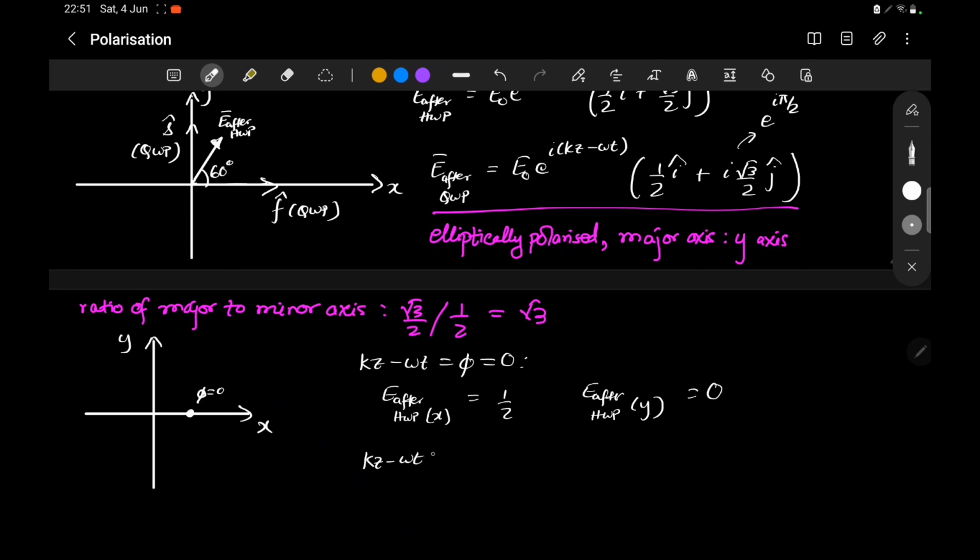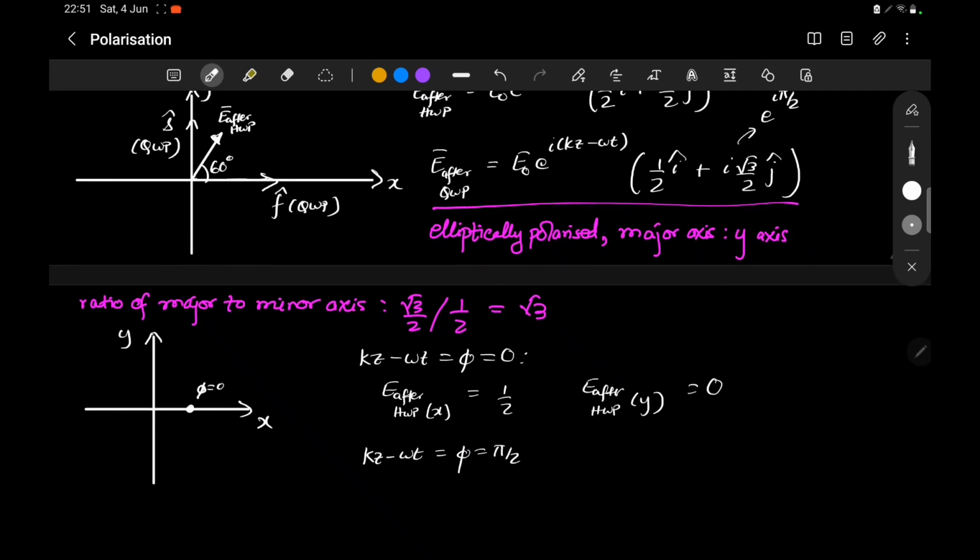Then kz minus omega t, equal to phi, is equal to, let's say, pi by 2.